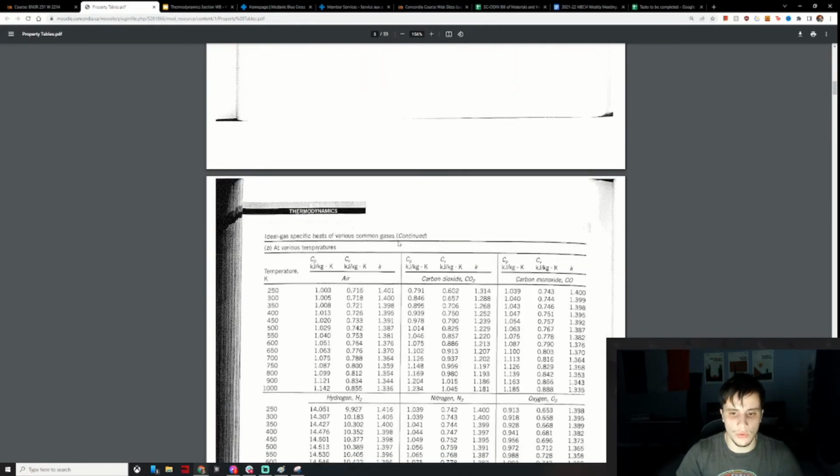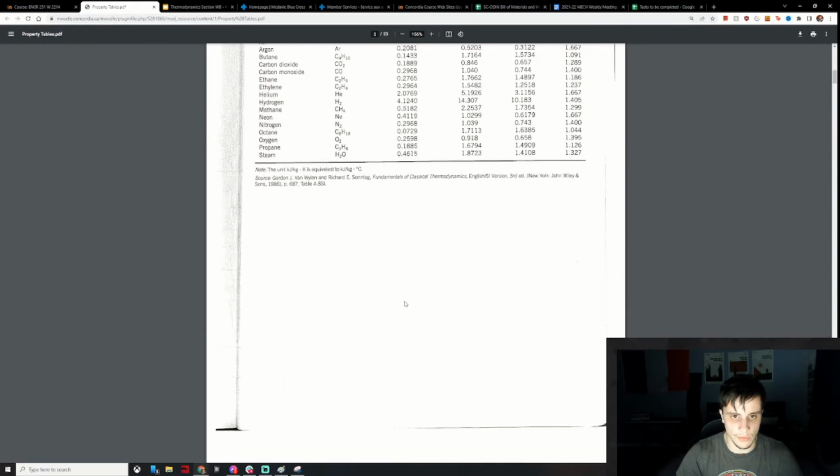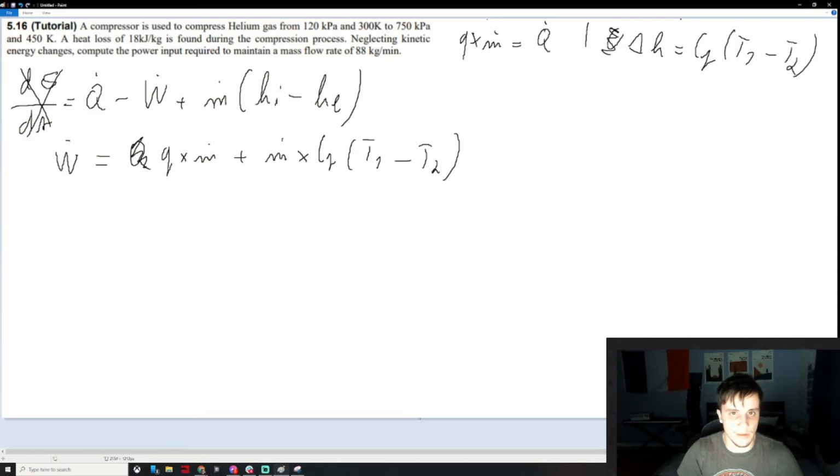They should. They don't give it with a variation of temperature, which is annoying. But they give it at least at 300 Kelvin, which is 5.1926, and that is what they use for the correction. So again, it's wrong. Technically, theoretically. Oh no, it's good. This time it's good. Finally, it's at 300 Kelvin, which is what the table is for. So we're actually good. Cp, m dot, we have it. Small q we have, and so we can solve everything.